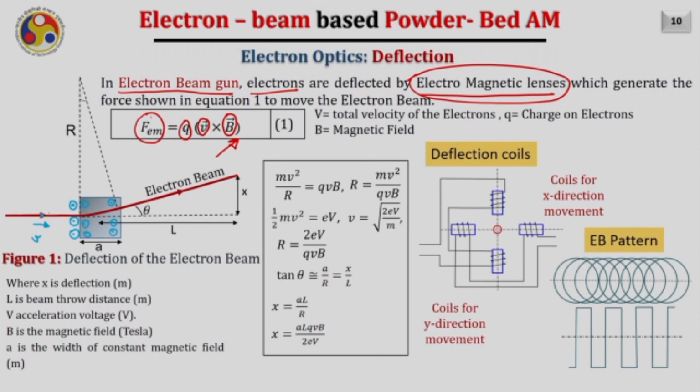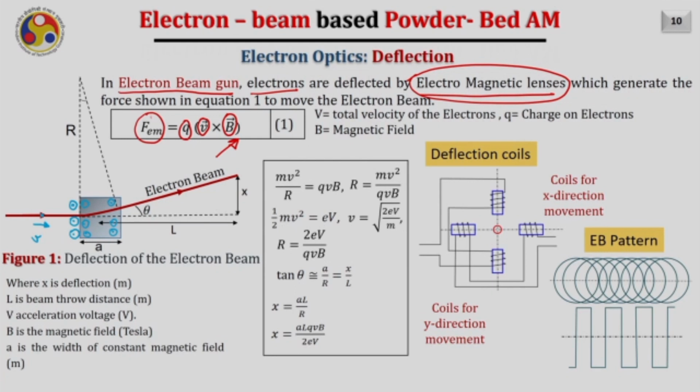When this electron comes into this magnetic field, it will feel a force, and the direction of the force will be defined by the right hand rule. It says if this is the direction of the velocity and this is showing the direction of the magnetic field, then this thumb will show the direction of the force acting onto the particle.